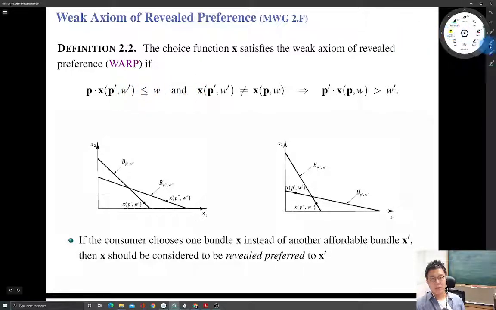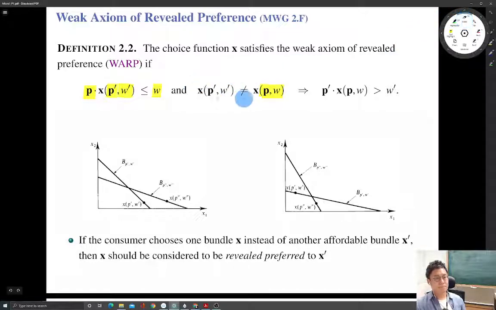Yeah, so we have P and W, and P prime and W prime. Okay? In other words, we have two different budget sets. Okay? One budget set with this P and W, and another budget set with this P prime and W prime.